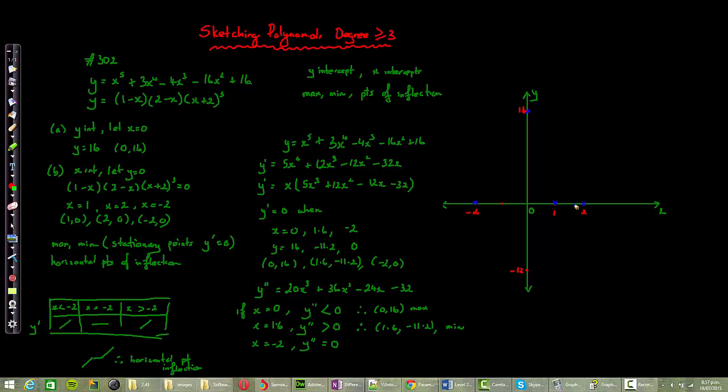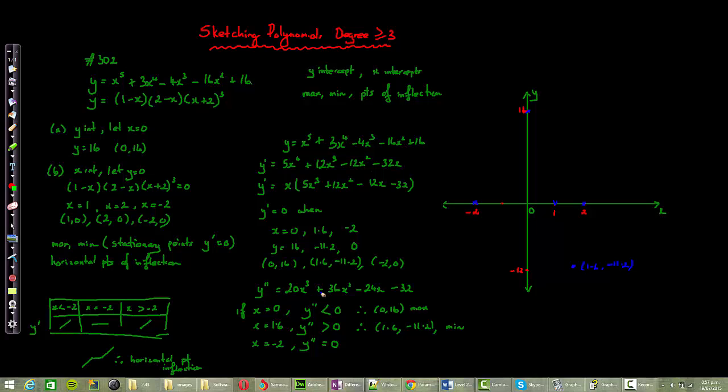So 1.6 would be roughly there, negative 11.2. Let's say that's pretty close enough to it. And I'm just going to write next to that the actual point. Now, what else do we know?